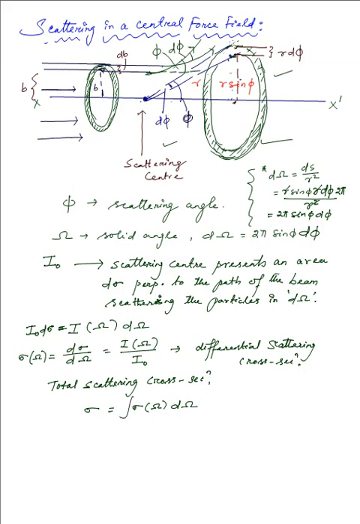So d sigma is all that is left, and that integrated gives me the total scattering cross section in this case. Now the objective will be to consider the two-dimensional case, which is easier than the three-dimensional case, because the diagrammatic representation does not give any help with the three-dimensional approach.